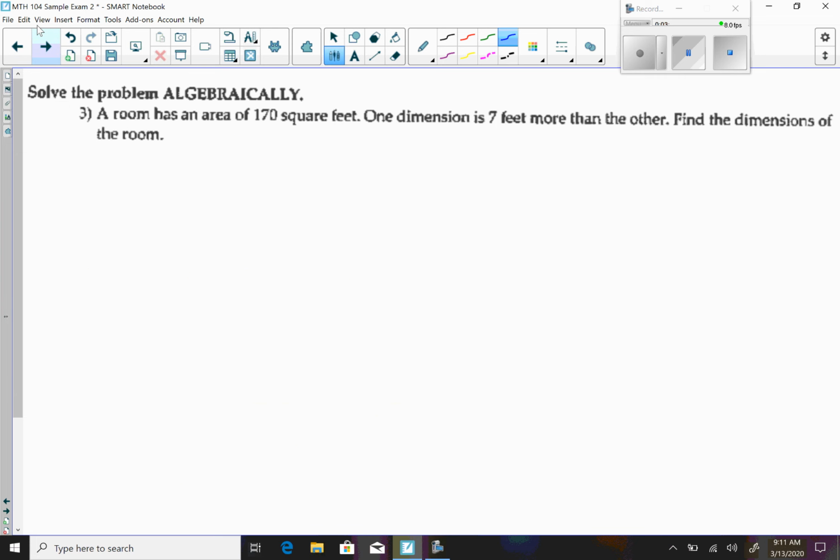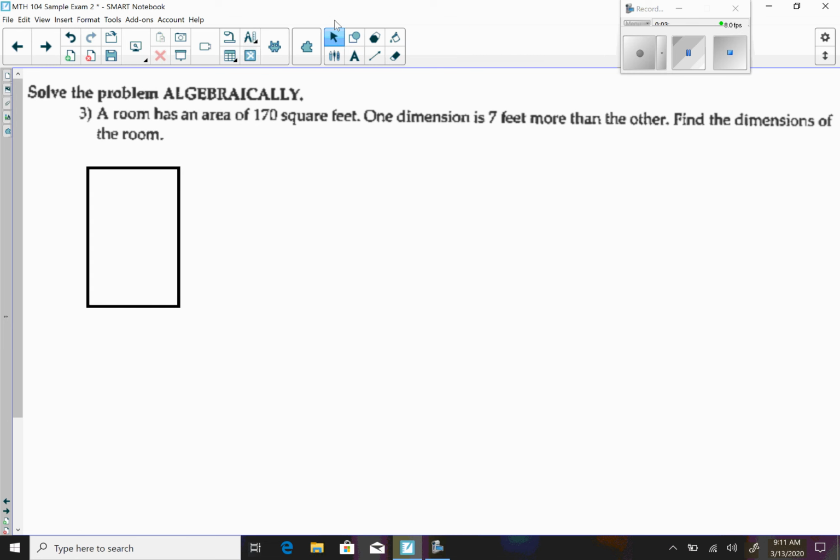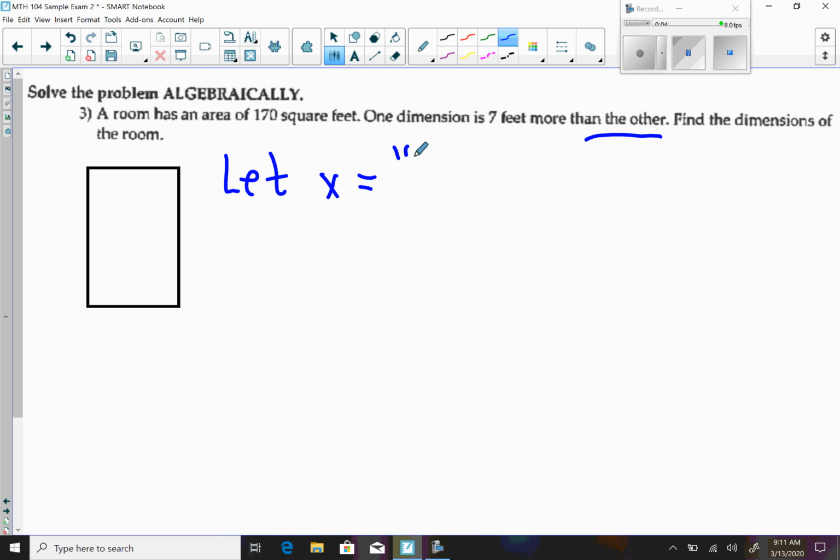Number 3. A room has an area of 170 square feet. Here's a room. One dimension is 7 feet more than the other. Since the other is at the end of the sentence, I write let x equal the other. And this is talking about the other dimension.